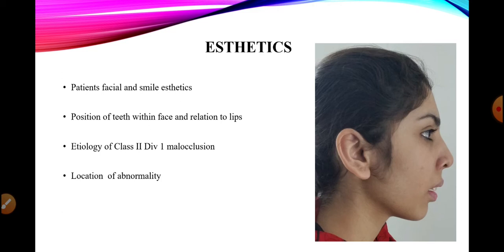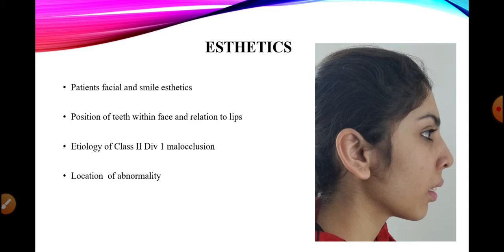what needs to be considered in case of class 2 malocclusion? Patient face, patient smile, and the patient smile aesthetics need to be given a prime importance, because simply reducing the overjet without correcting the position of the teeth with reference to the face or with relationship to the lips will definitely not lead to an aesthetic result.